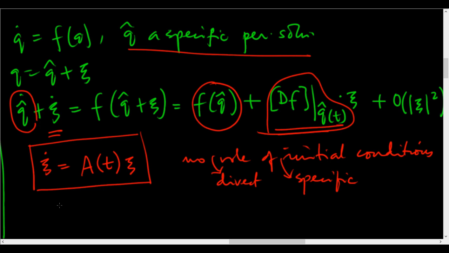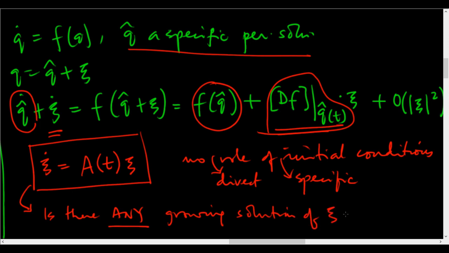Okay, so the question then is: is there any growing solution of xi? Growing, that means unbounded. Okay, that's the question. How do we find it?